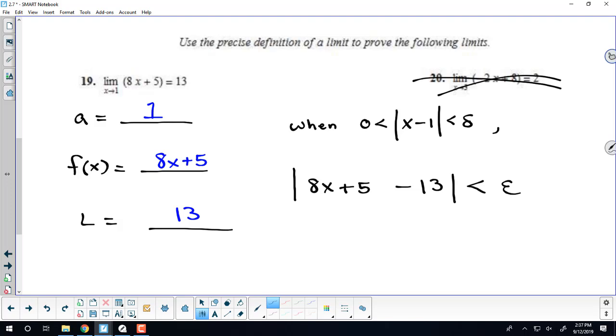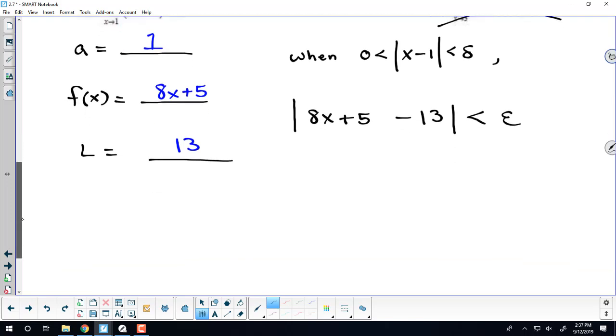And we're still trying to figure out what delta makes sense here. But we're going to work with the absolute value of f of x minus L. Our goal is to get the absolute value of f of x minus L to look like the absolute value of x minus 1, and that way we can relate it back to delta.